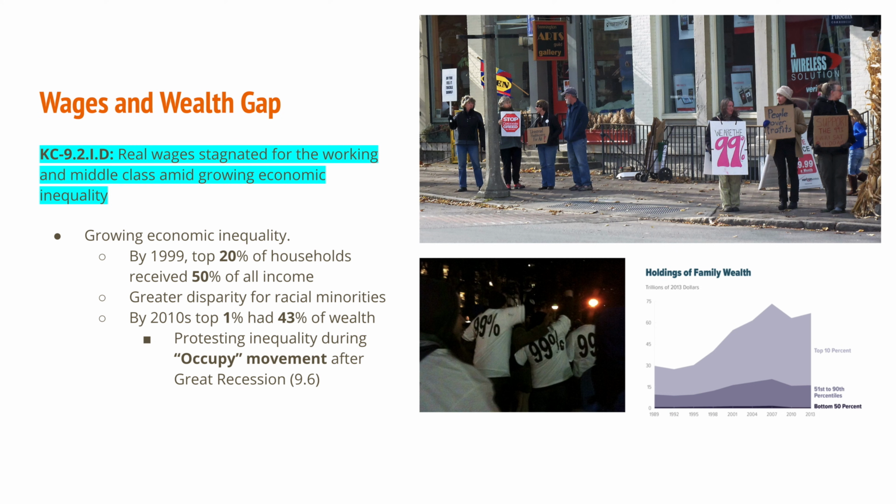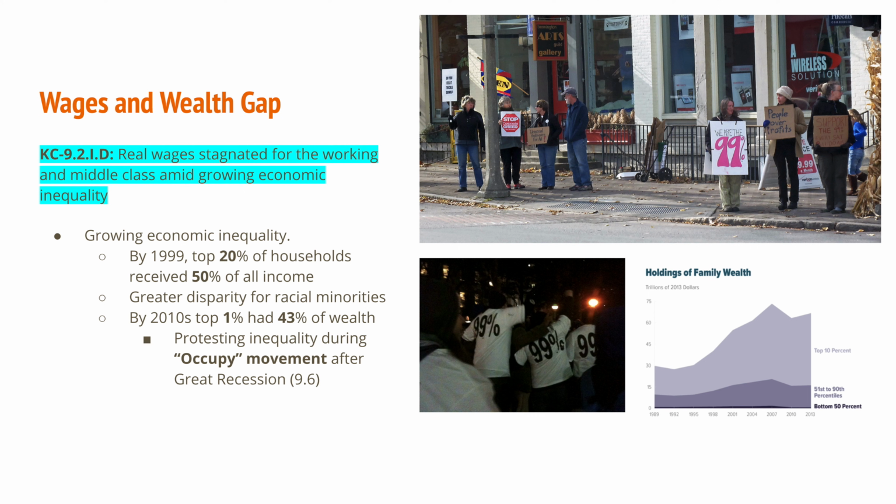A lot of this has to do with the new economy and the changes that happened, that those high-paying manufacturing jobs are going away. It also deals with the reduction in tax burden that came about as a result of the conservative movement. And after the Great Recession, this inequality begins to be protested against in what was called the Occupy movement that started with Occupy Wall Street.